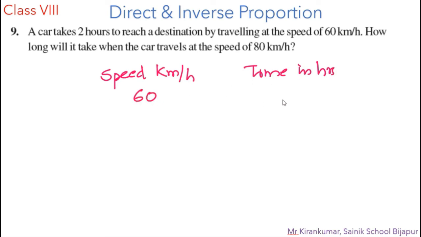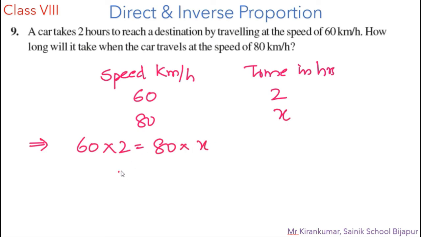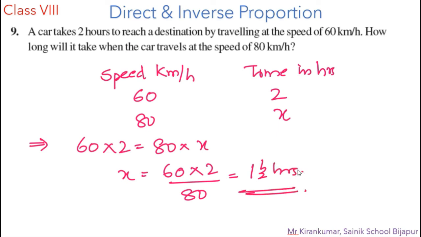If 60 is the speed, 60 km per hour, it would take 2 hours. If speed increases, the time has to decrease, so it's in inverse proportion. So straight away 60 times 2 is equal to 80 times x. So x is equal to 60 times 2 divided by 80, and we get it as 3 by 2, which is 1.5 hours. So 1 hour 30 minutes are required.